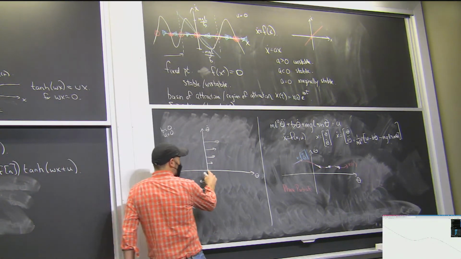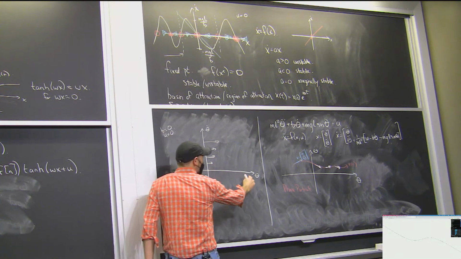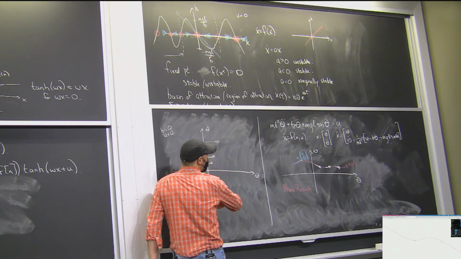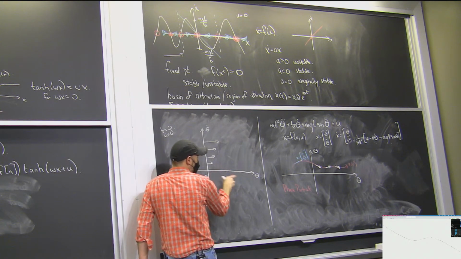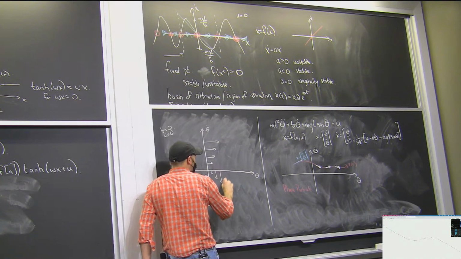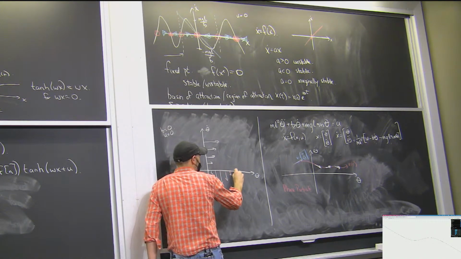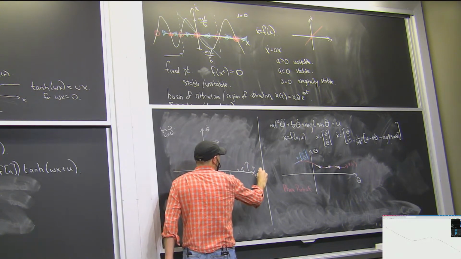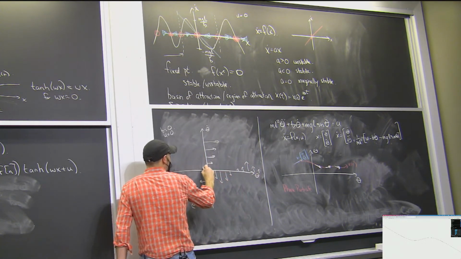The other thing that we can plot here is when theta is non-zero and theta dot is 0, then the x component is 0, and I get my sine wave here. And similarly back here.